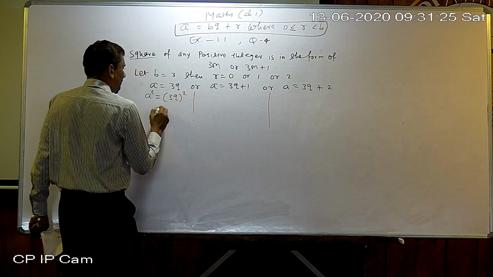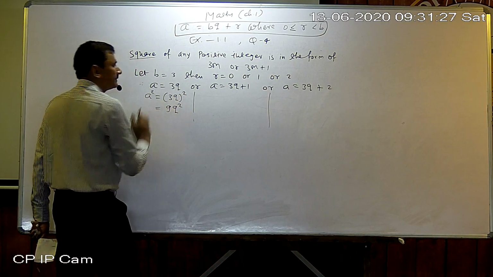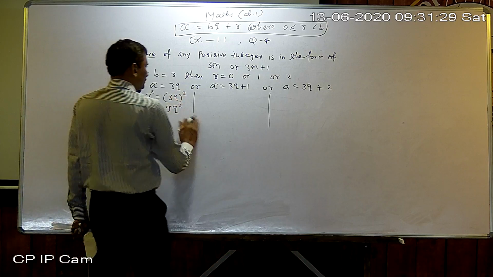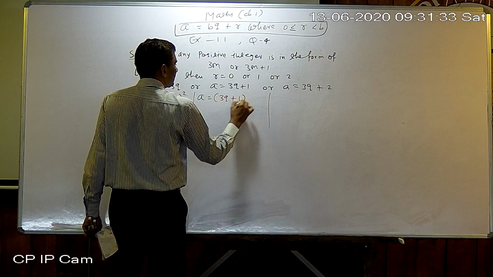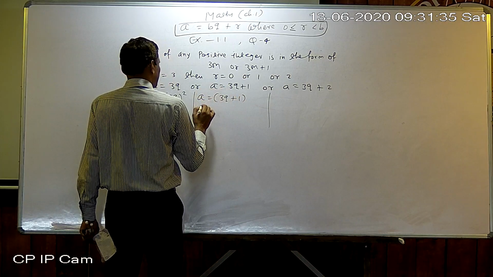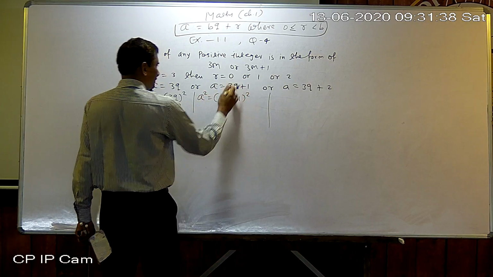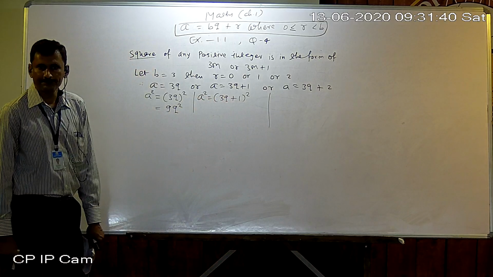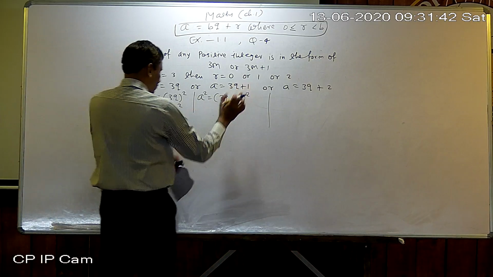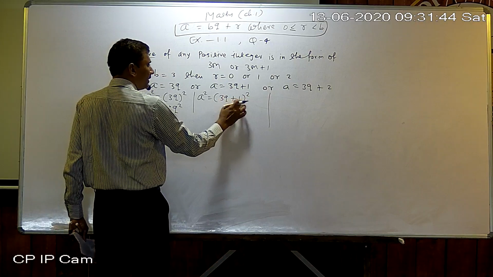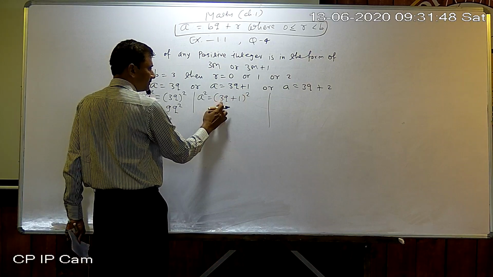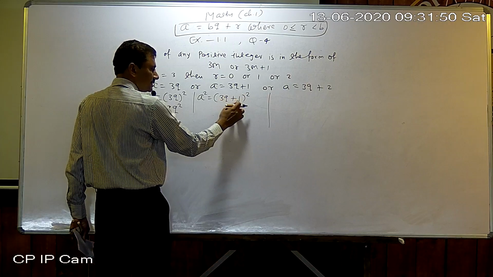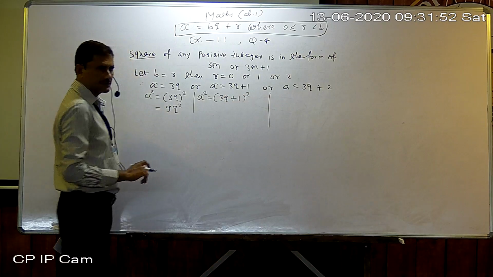So it will be 9q square. Now here also, a equal to 3q plus 1, so a square equals 3q plus 1 whole square. Now you know a plus b whole square is equal to a square plus 2ab plus b square, meaning first term square plus 2 into first into last term plus last term square.